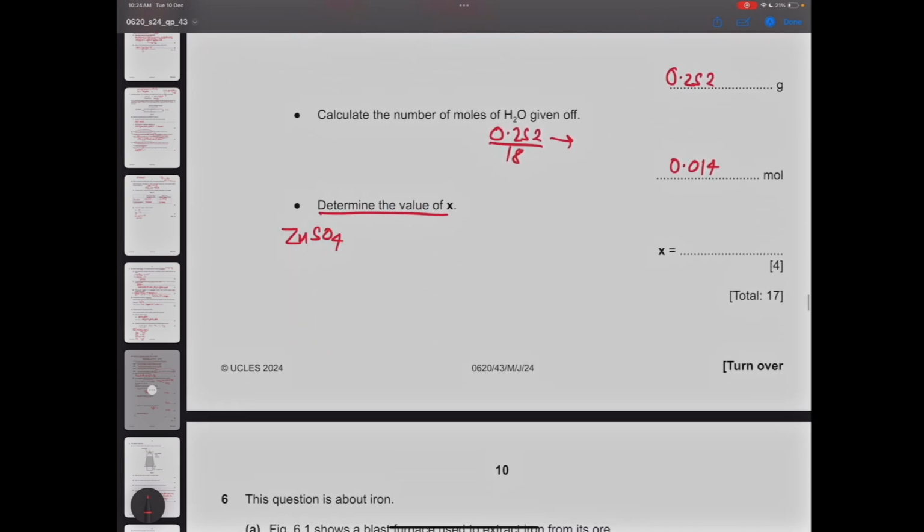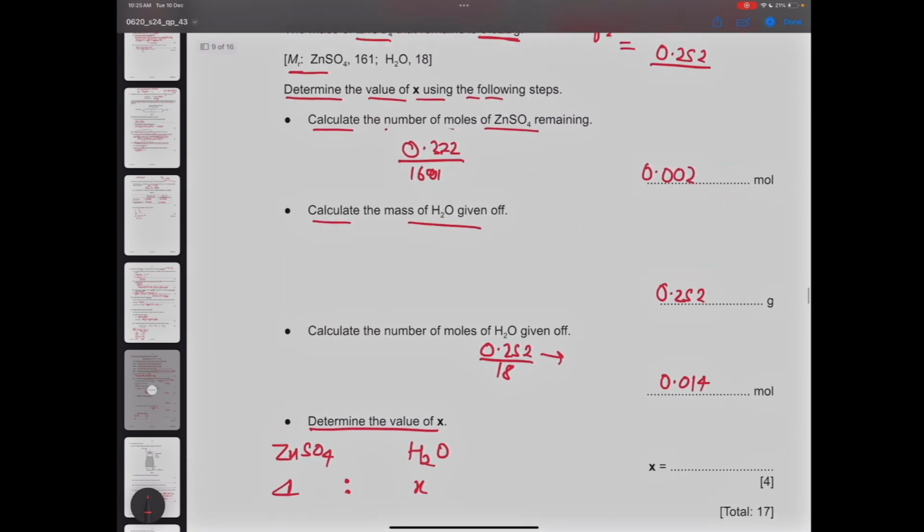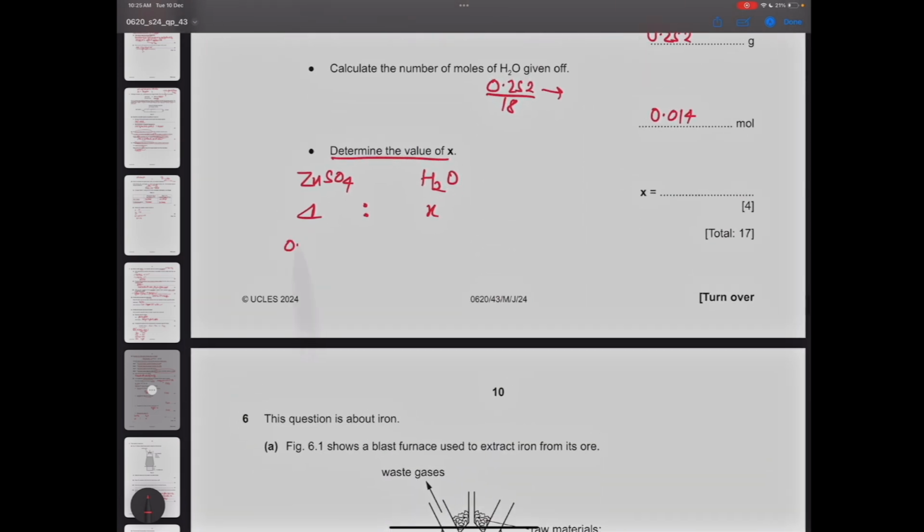Zinc sulfate and H2O, the ratio is 1 is to X. And what are the original moles of zinc sulfate? 0.002. And what are the original moles of H2O? It is 0.014. Now it's just basic maths. You can cross multiply or you can just divide 0.014 by 0.002 to get the value of X. It will come out to be 7. Alright, I hope you're getting this point. So the answer will be 7.